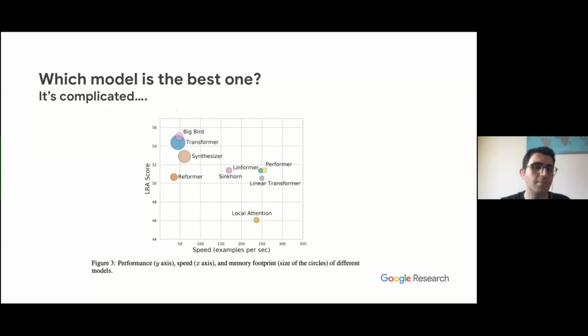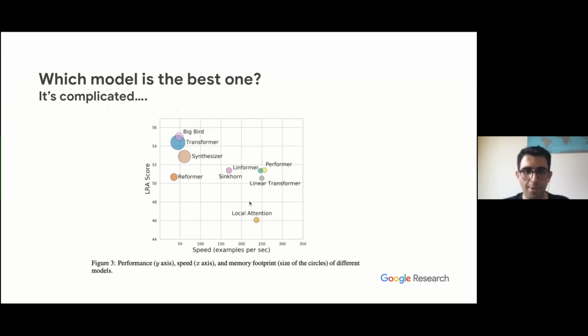But we just wanted to have one dimension representing the quality of the model, so we just averaged over all the tasks. And then what we have here is that if a model goes to the top right position, it's really a good model, which means high speed, high performance.